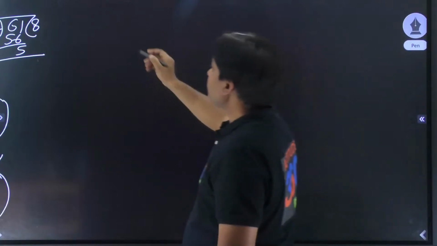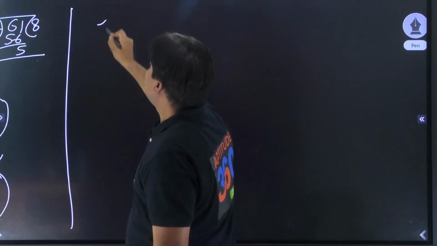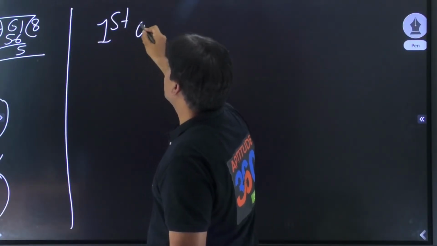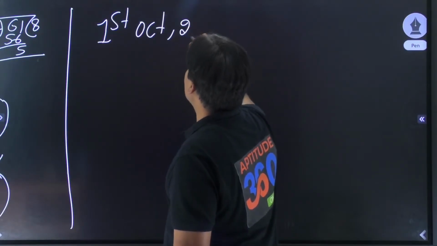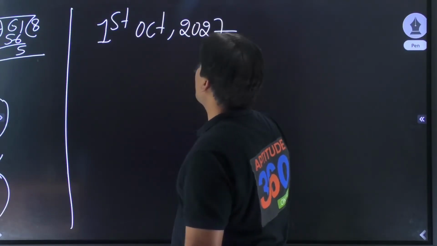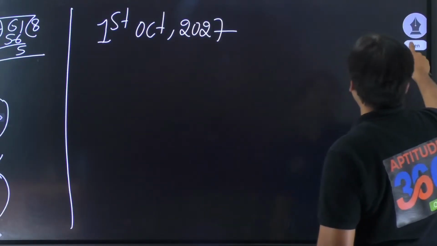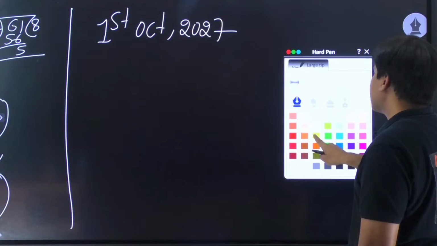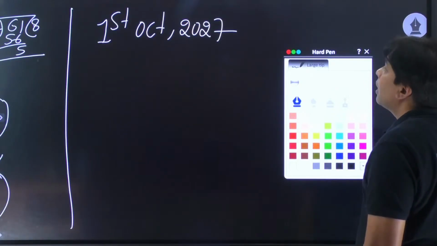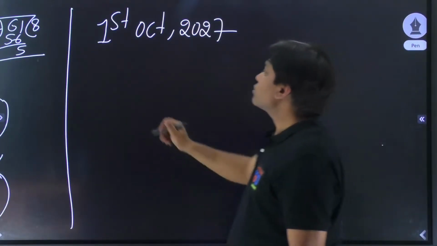All right. Since everybody is understanding, I'm going to give you the problem which was asked in CSAT 2022, which was 1st of October 2027. This was your last year's problem, people. What would be the day of week on 1st of October 2027?